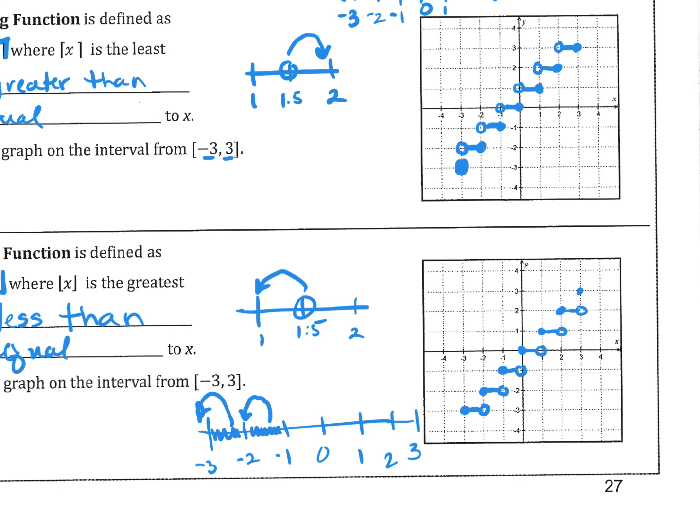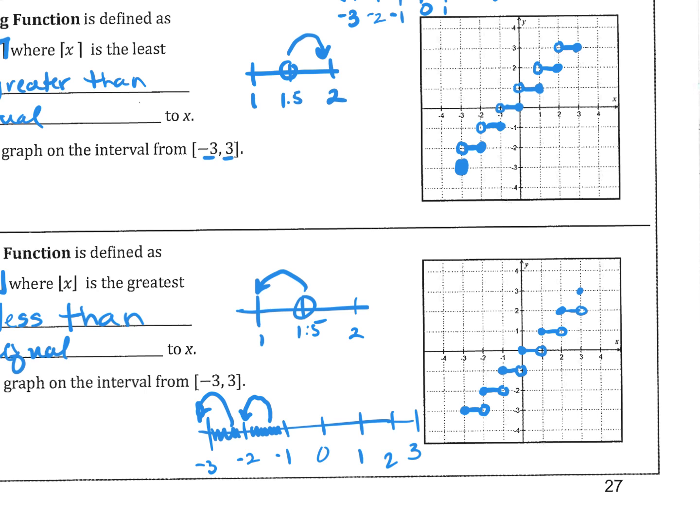Ceiling, the closed should be on the other end because that's the direction it's jumping, isn't it? Floor, it should be on the other end because that's the direction it's jumping. It's jumping down versus jumping up. The jumping down or jumping up tells you where the closed circle is, okay? Does that make sense to everybody? What a floor or a ceiling function is, it's really just telling you where it jumps.